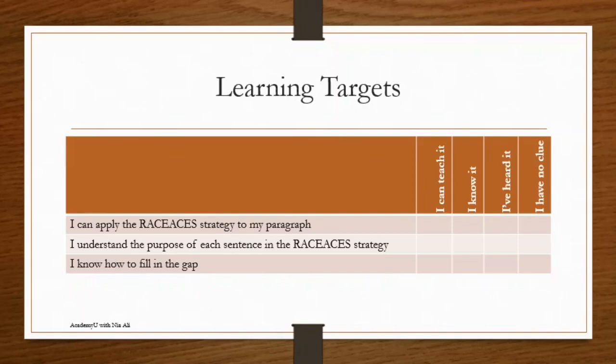Or you're going to say, I know it, which means I understand the purpose of each sentence in the RACES ACES strategy. Or I can teach it. If you can teach this strategy to someone else, kudos for you. That means you have mastered this task of the RACES ACES.